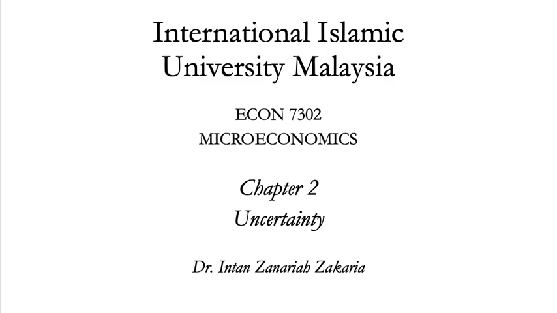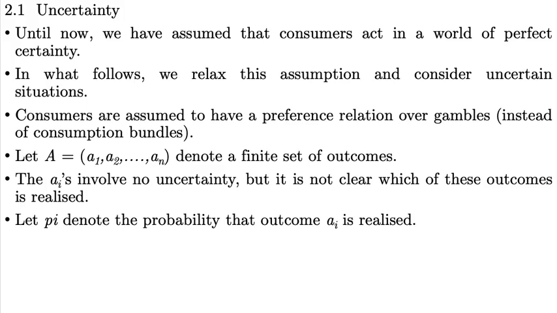What happens if each of the outcomes is realized with uncertainty? That means the outcome exists, but whether we get it, whether we realize it or not, is uncertain. So this is basically referring to uncertainty in consumer theory.